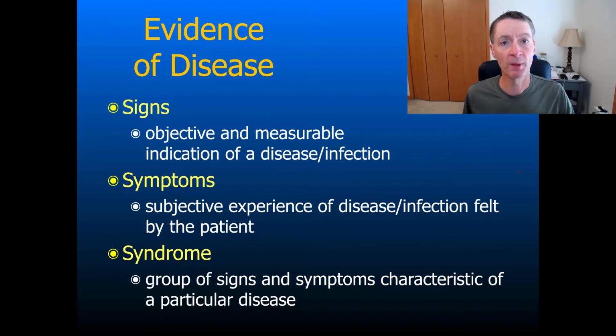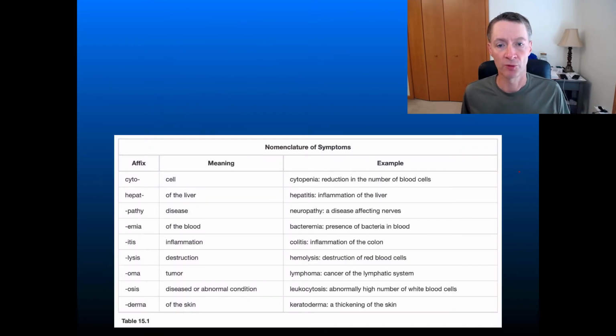A syndrome would be a combination of all these signs and symptoms that are usually characteristic of one particular disease. And a lot of syndromes are named using different prefixes like you see here and suffixes also like you see here. And these are some great examples over on the right side, right?